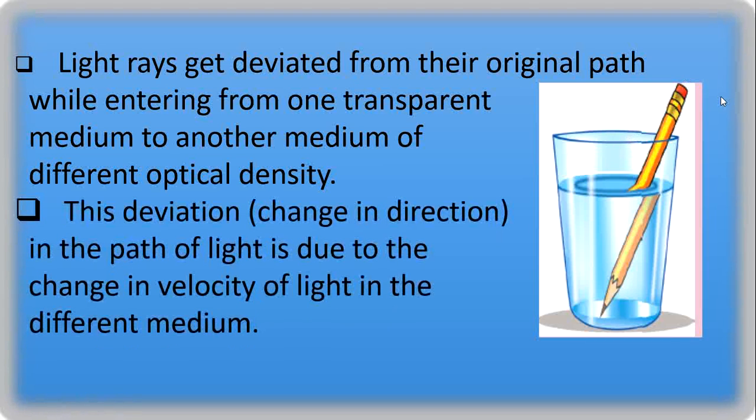This deviation, meaning the change in direction in the path of light, is due to the change in velocity of light in the different media. Air has a different velocity and water has a different velocity. So both media have different velocities, so the deviation takes place.